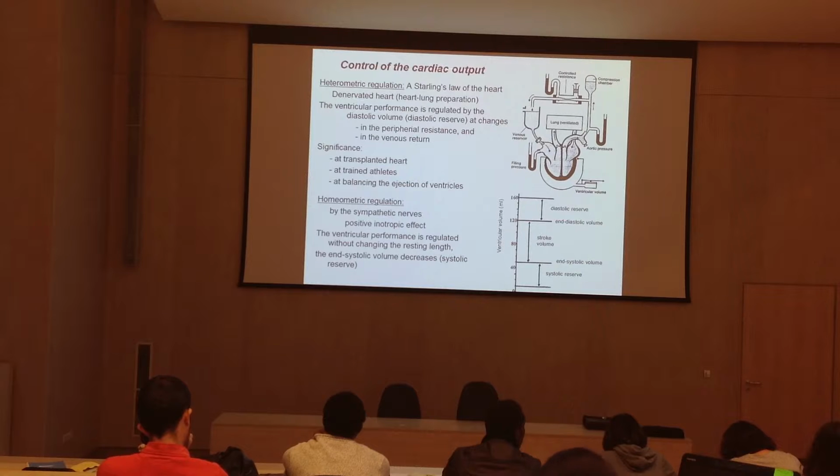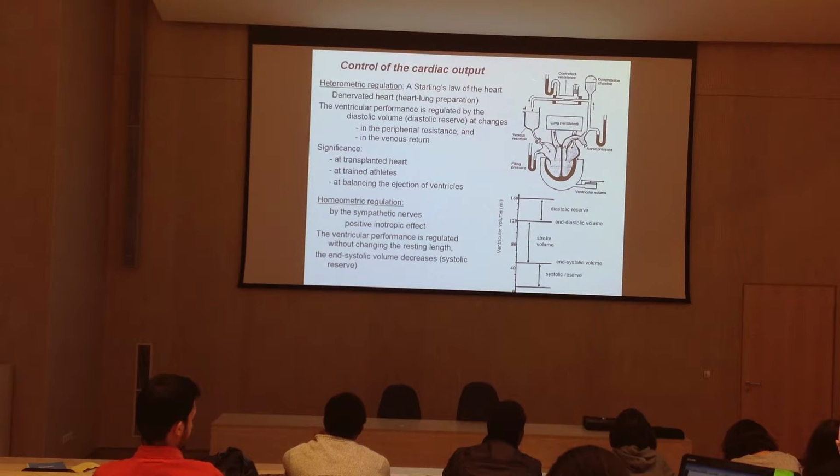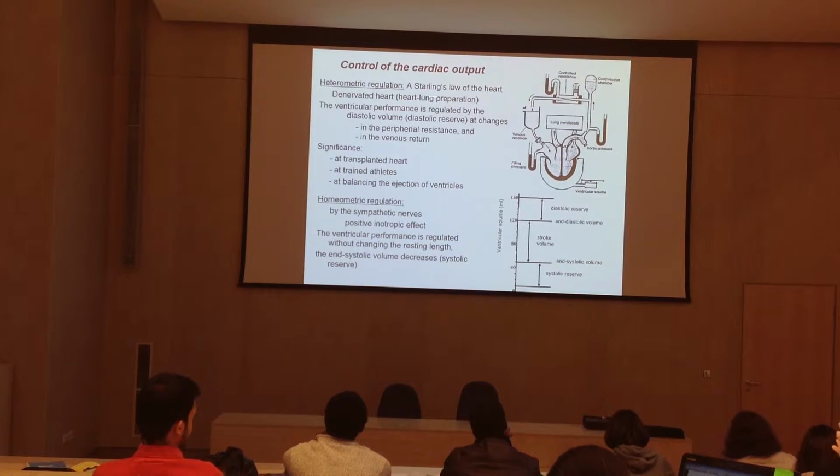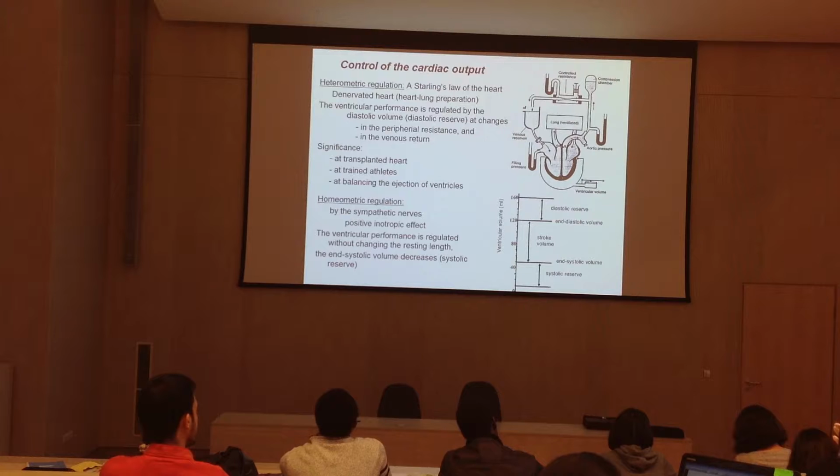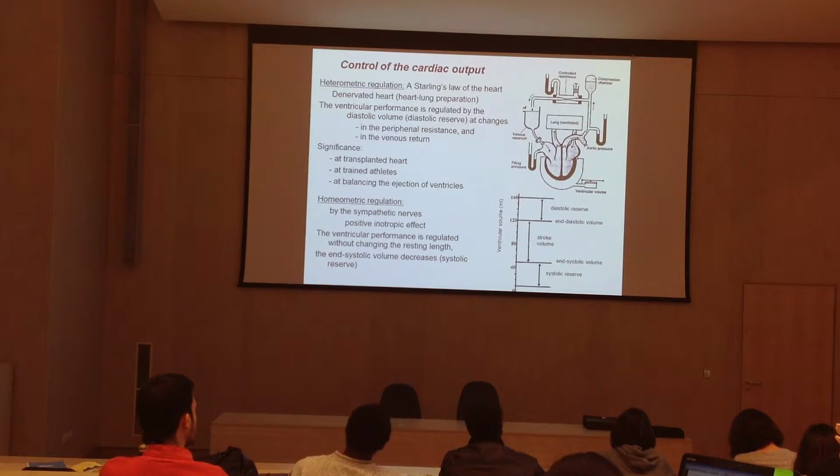Okay, when Starling wanted to prove that the Starling law is true, he developed a heart-lung preparation, which contains an absolutely denervated heart. All the sympathetic and parasympathetic fibers were cut, but the ventilation through the lung was maintained by artificial ventilation, just to supply the oxygen for the working tissues.